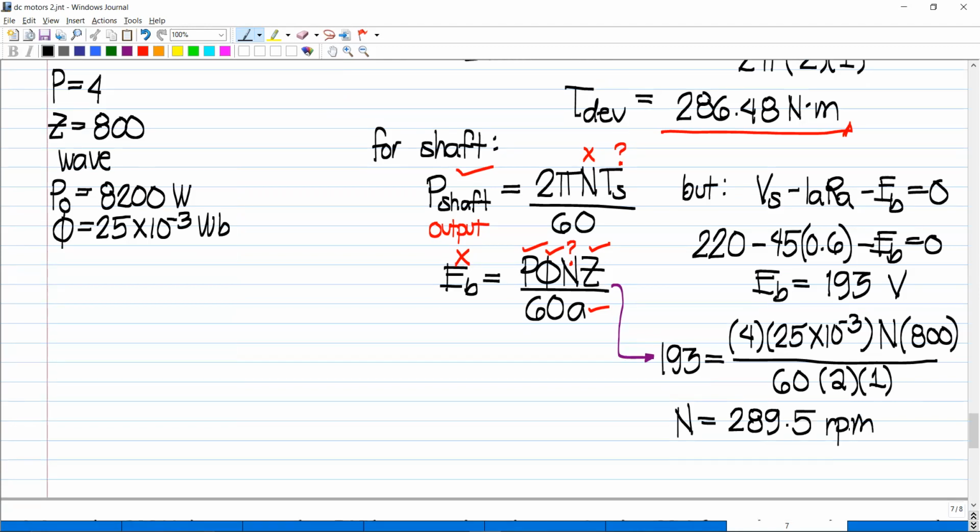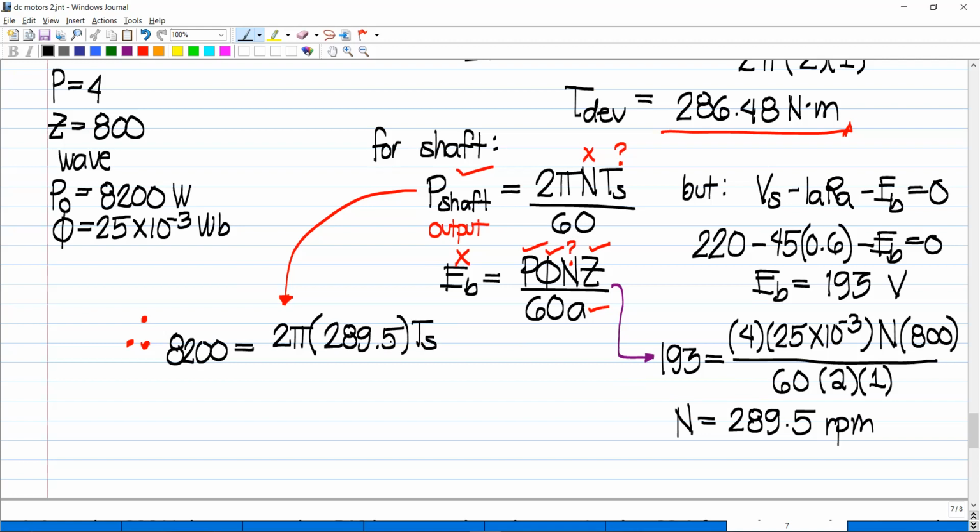So, lastly, finally, we can now solve for our final answer. Dito na lang siguro sa space, no? Sa space na lang natin ilagay. So, therefore, solving for our shaft torque, ang output power natin is given 8,200. This is equal to 2 pi. Ang na-solve nating n is 289.5.